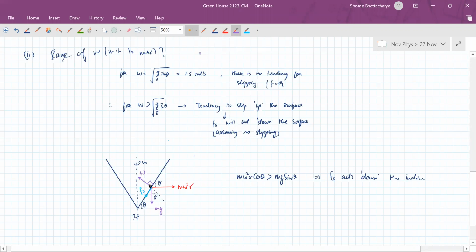So if we incorporate the components tangential and normal to the surface, we'll see there are centrifugal components like this.